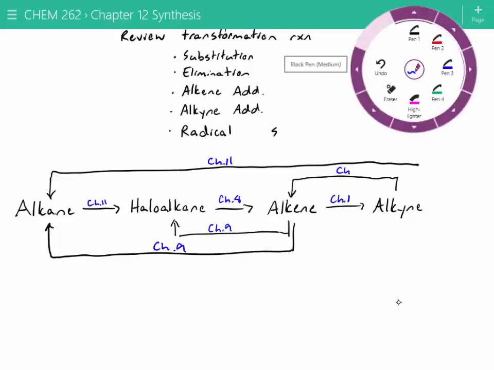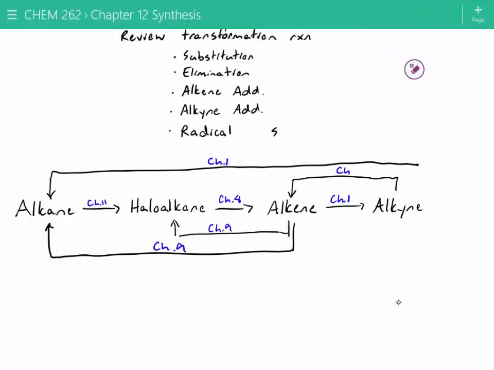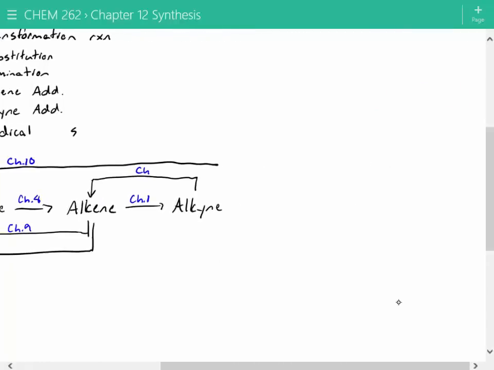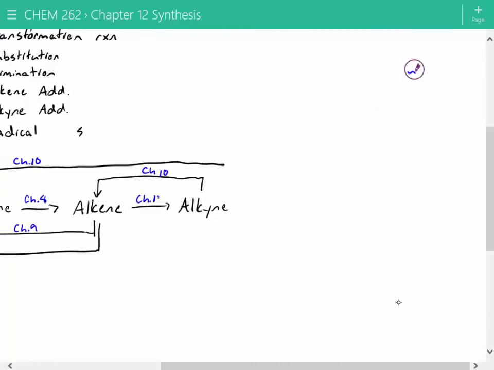Which ones are supposed to be 10? The 11s should be 10s, except for the first one, going from an alkane to a haloalkane. So this one should be a 10 as well. Sorry about this. Let's see if it works now. There we go.